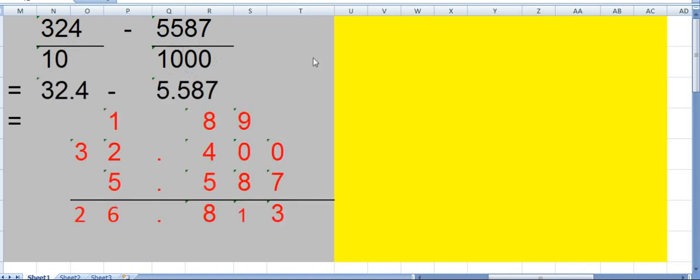Now this subtraction is done this way: 32.400. Why 00? Because there are 3 digits in the other number after the point.